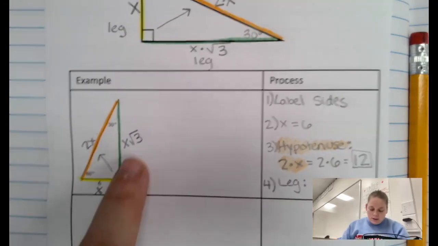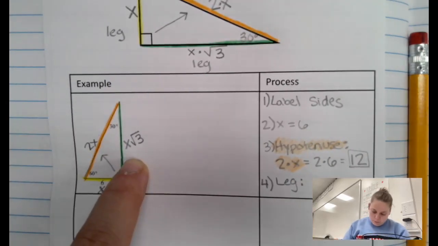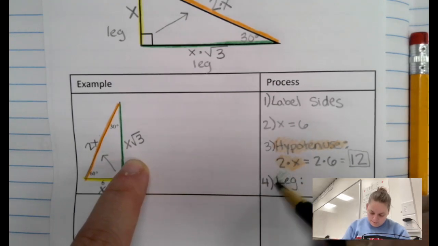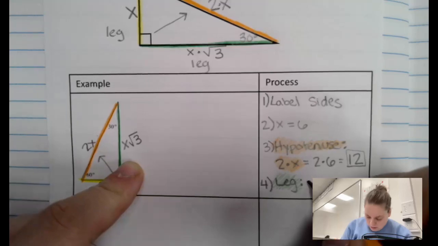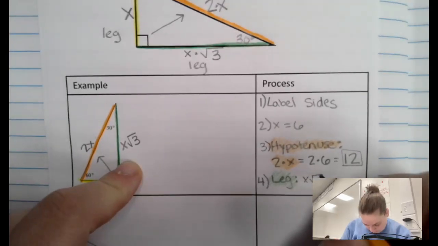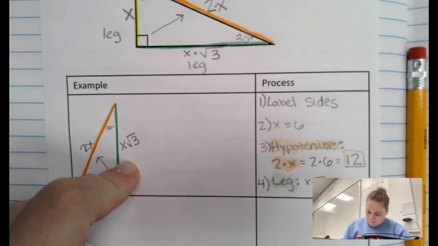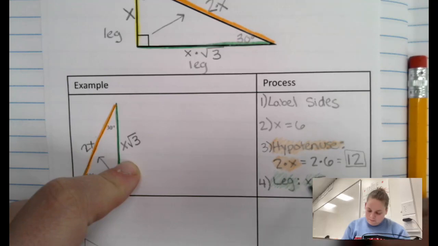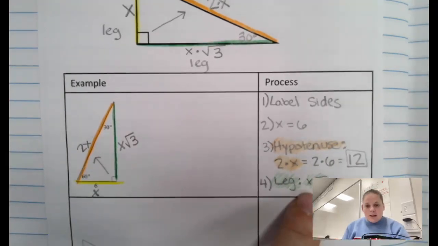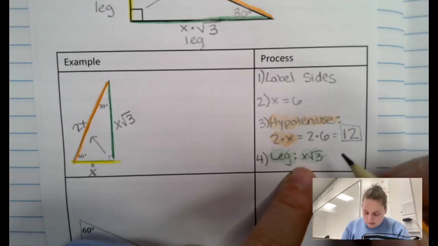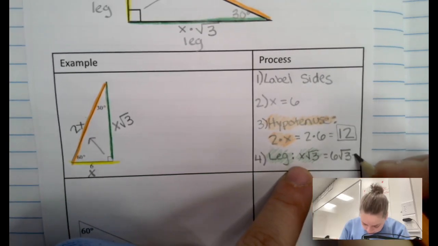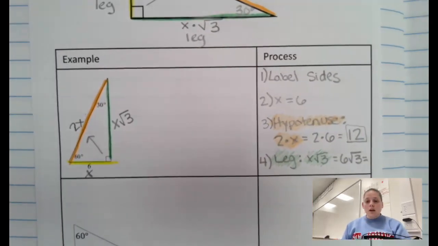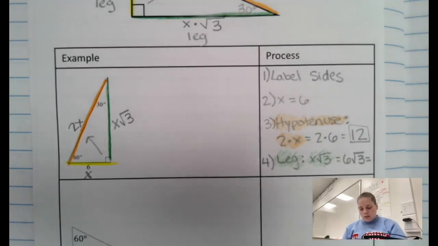All right, then our other leg, which is my green part here, is x square root of 3. And we said x is 6, so that'd be 6 times the square root of 3, running a little out of space. And we're going to throw that into our Desmos calculator.